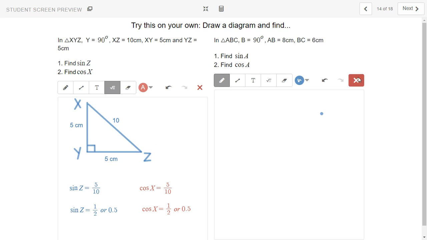Let's do one more example here. We have triangle ABC. We know that B is equal to 90 degrees, AB is 8 centimeters, and BC is equal to 6. Let's draw a triangle.